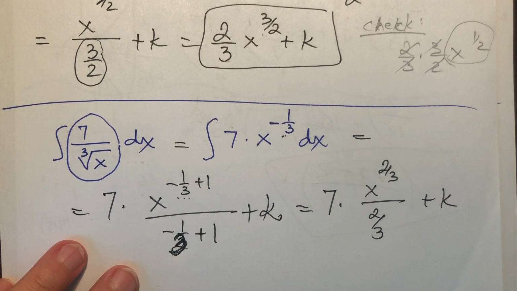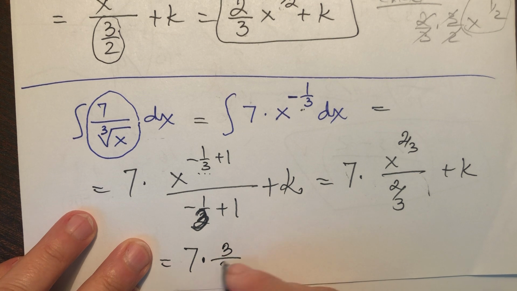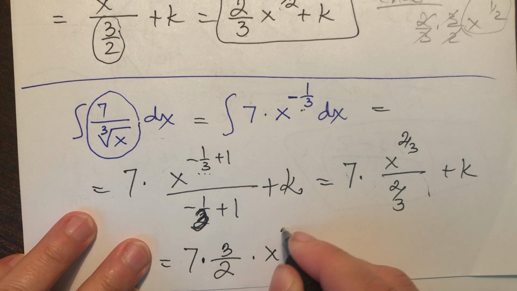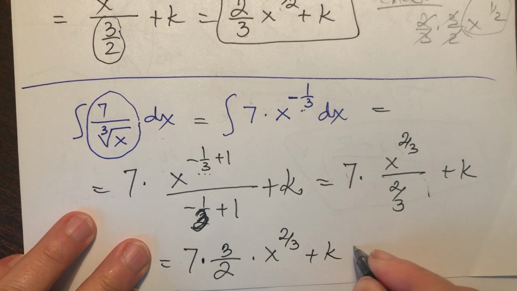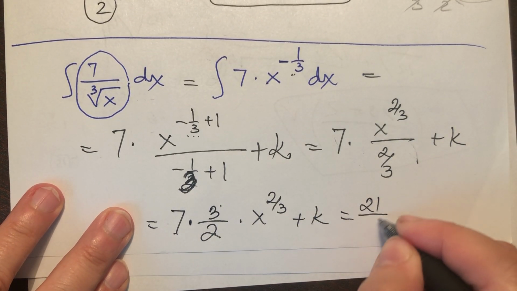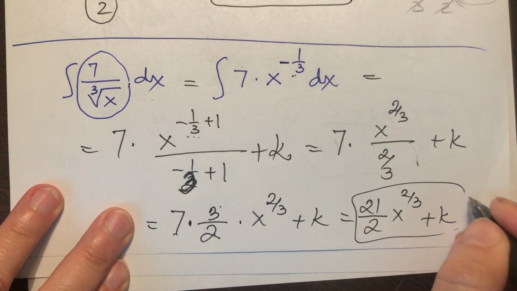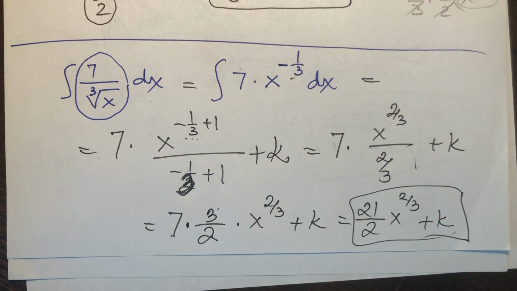Now, that doesn't look pretty right here with dividing by a fraction. So to divide by a fraction means to multiply by its reciprocal. Okay. 7 times 3/2 is 21/2. And now, again, I challenge you to take the derivative of this and see if you get the 7 over the cube root of x once you have it nicely simplified.